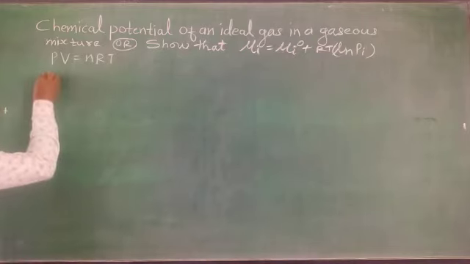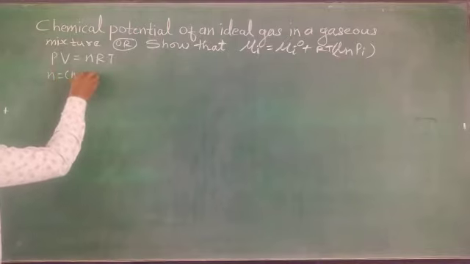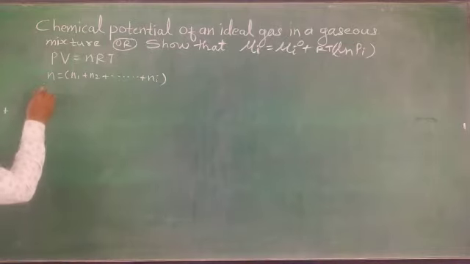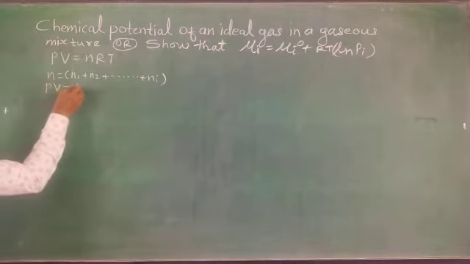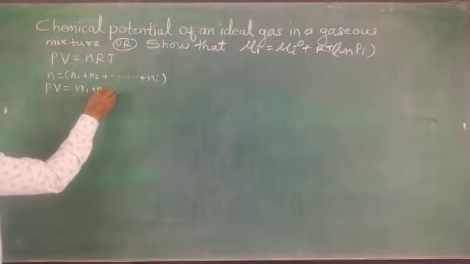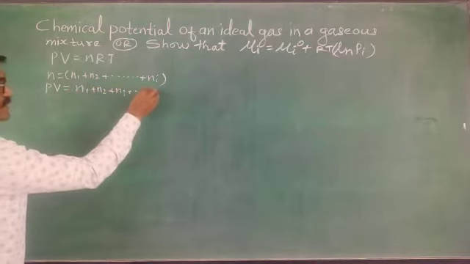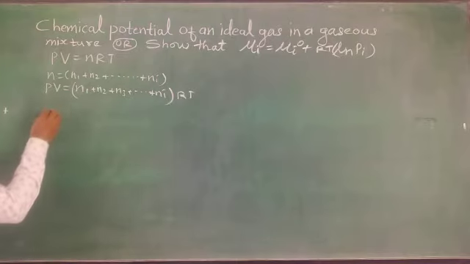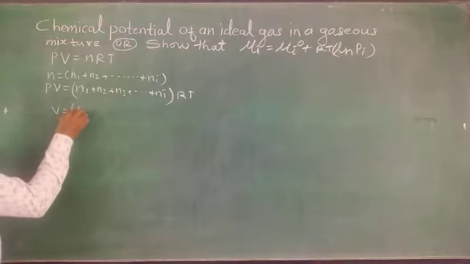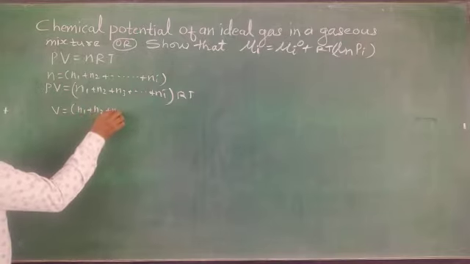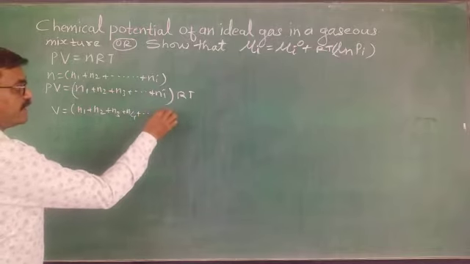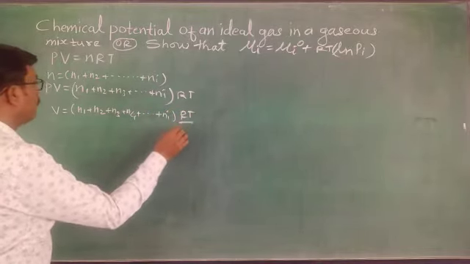Then n = n1 + n2 + ... + ni. That's why the above equation becomes PV = (n1 + n2 + n3 + ... + ni)RT, and from this equation V = (n1 + n2 + n3 + n4 + ... + ni) RT/P.